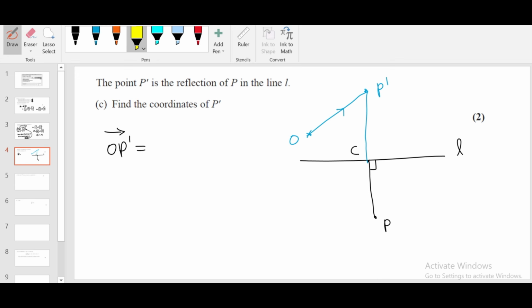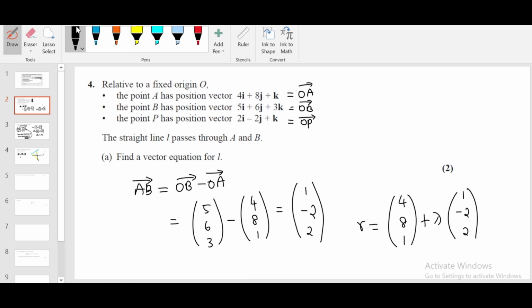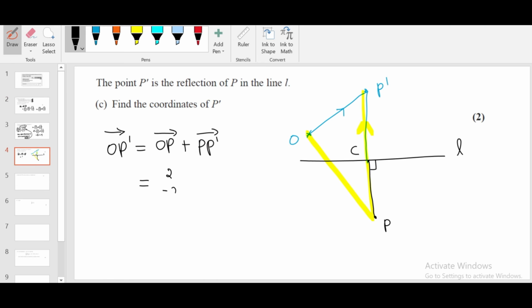OP dash is the same as OP plus PP dash, right? You can write it as OP vector plus PP dash vector. OP vector is given in the question: (2, -2, 1). PP dash is the same as 2PC actually, because these two vectors are equal in length and in the same direction. So it's 2PC vector.